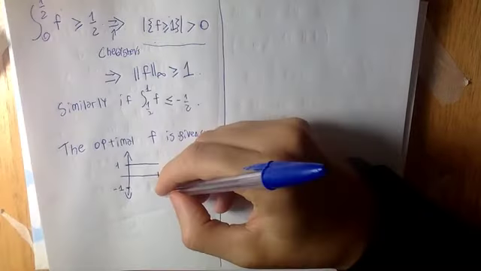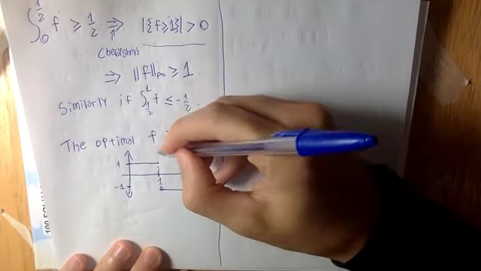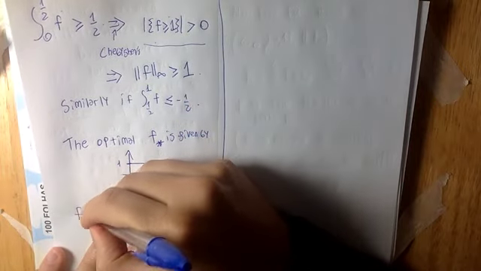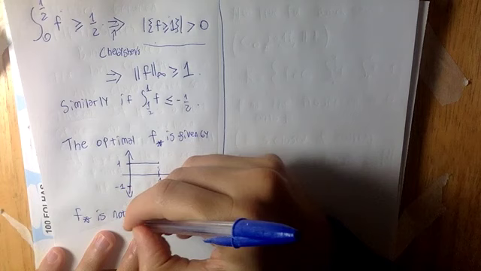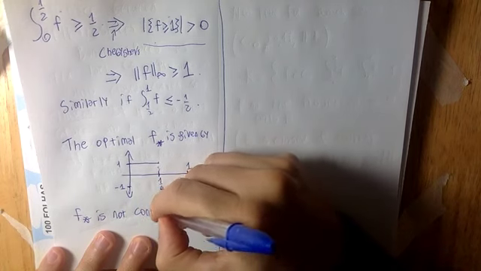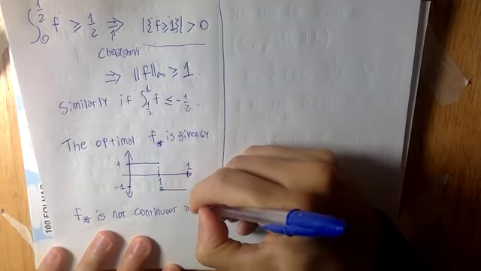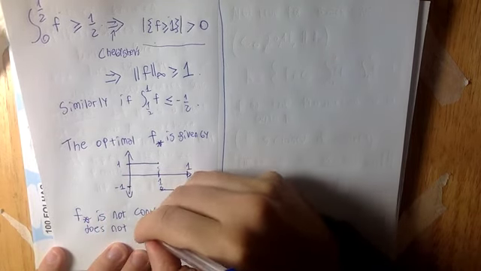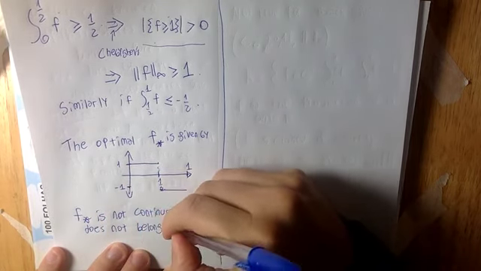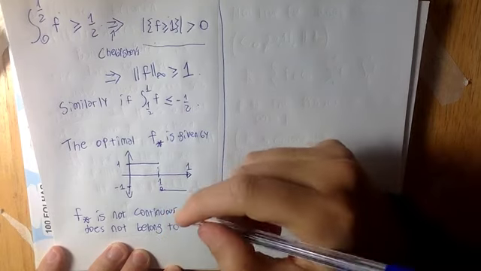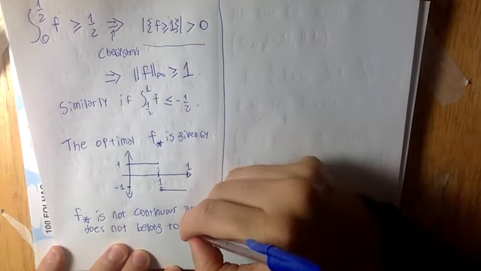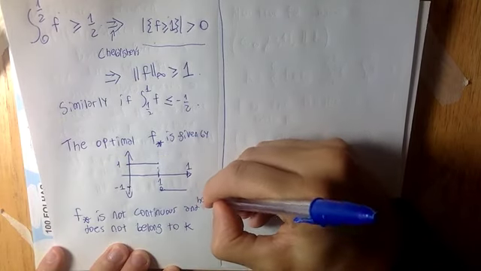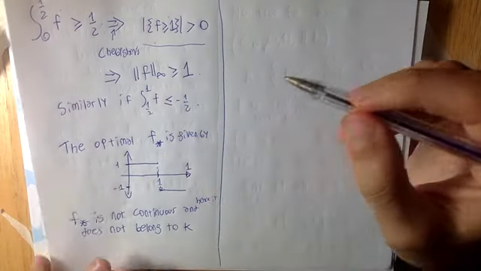The problem with this optimal f, let's call it f star, is that it is not continuous and hence it does not belong to K.